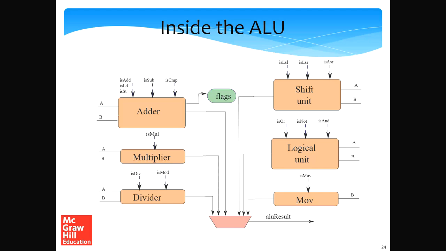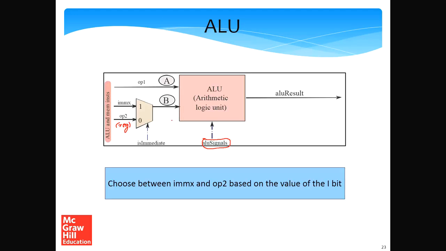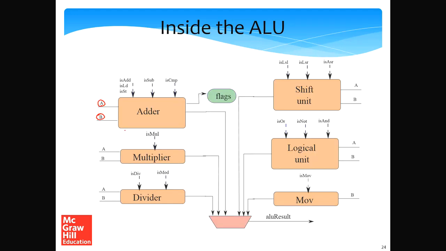The inputs to each of these units are the inputs to the ALU, which are A and B, as mentioned on the previous slide. Essentially we love giving names to wires, so we have given a name to the first wire as A and a name to the second wire as B. So the adder also takes two inputs, A and B.